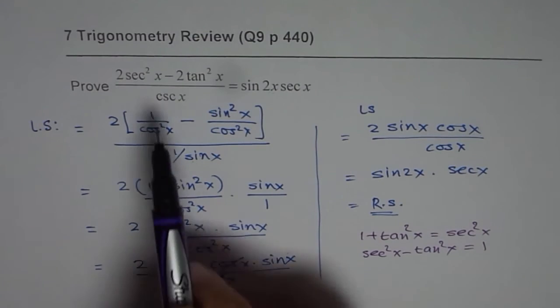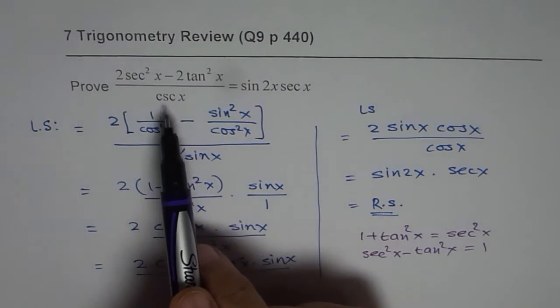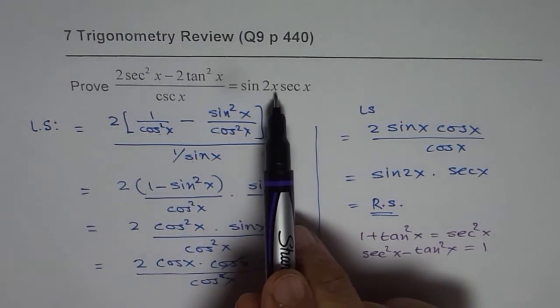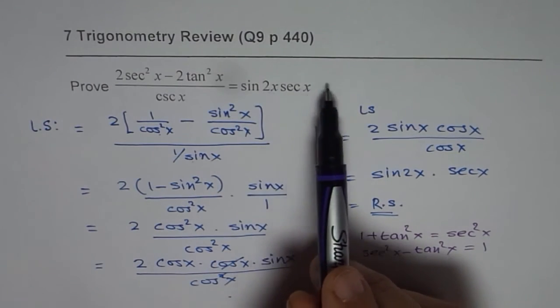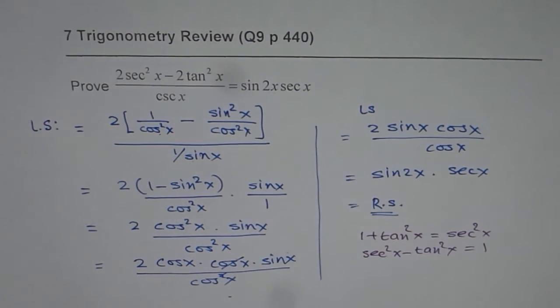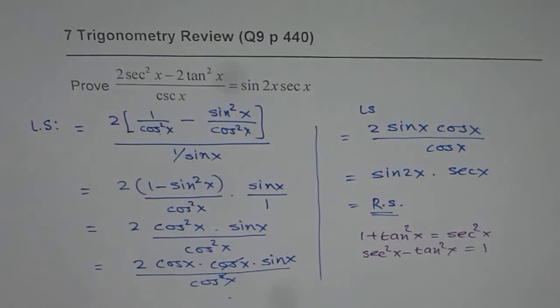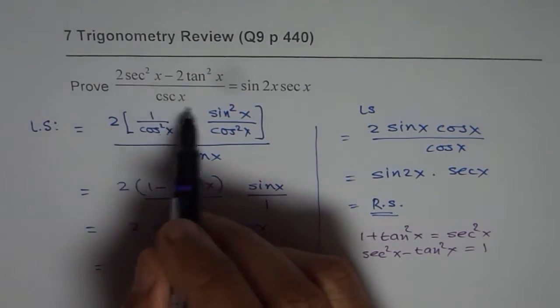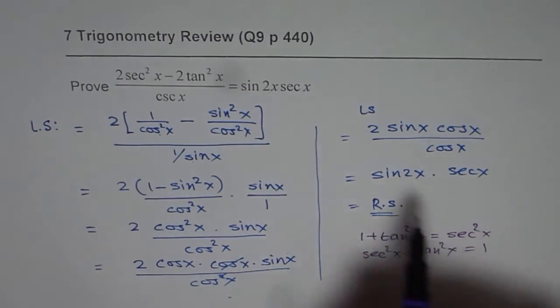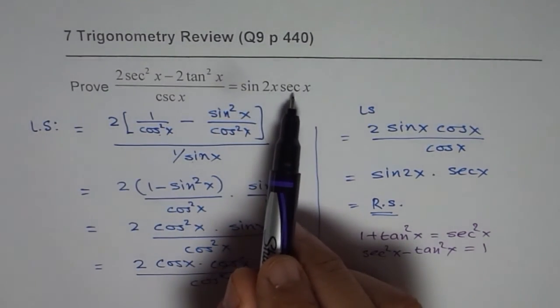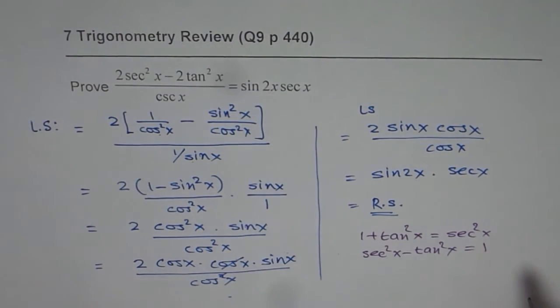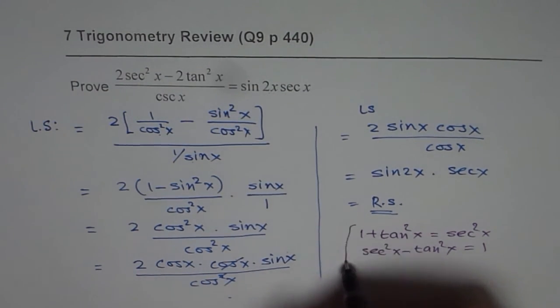So you'll get 2 over csc x, or 2 sin x, on the left side, and you can simplify the right side also. What you will get on the left side is 1 over csc x, or just sin x. And this also will be simplified to sin x on the right-hand side, correct?